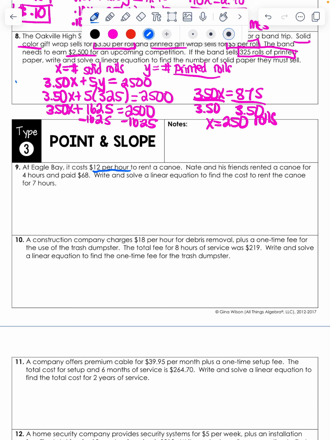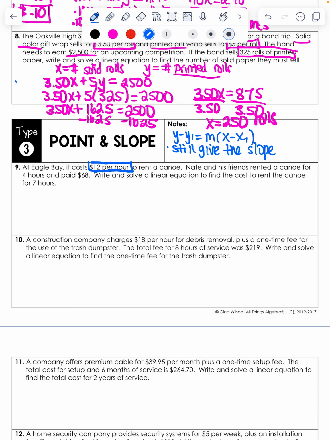And then we would put the information in the formula. y minus y1 equals m times x minus x1. So they're still going to give you the slope. And a reminder, to find the slope, look for one single number that says something per hour, per day, per year, or literally the word per means multiply.